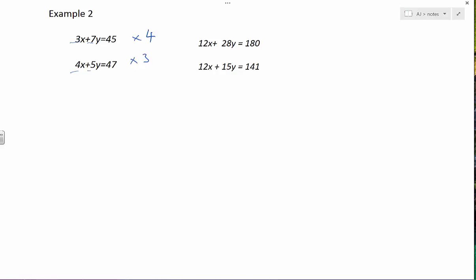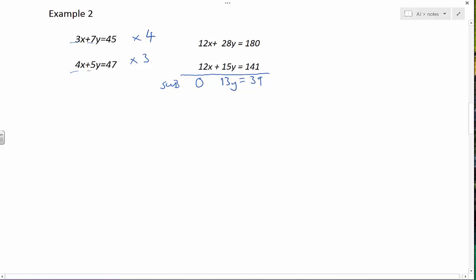They both have the same 12x, so actually if we subtract one from the other, 12x take away 12x is nothing. They disappear. We have eliminated the x. 28y minus 15y is 13y, and 180 minus 141 is 39.